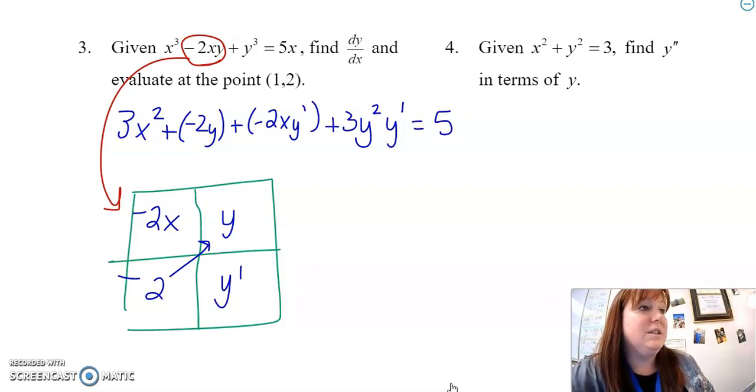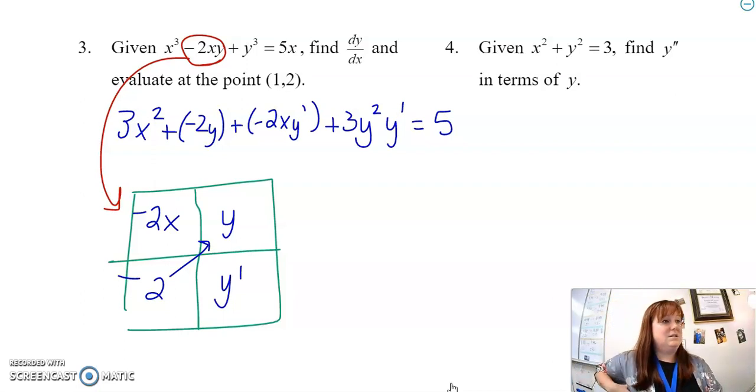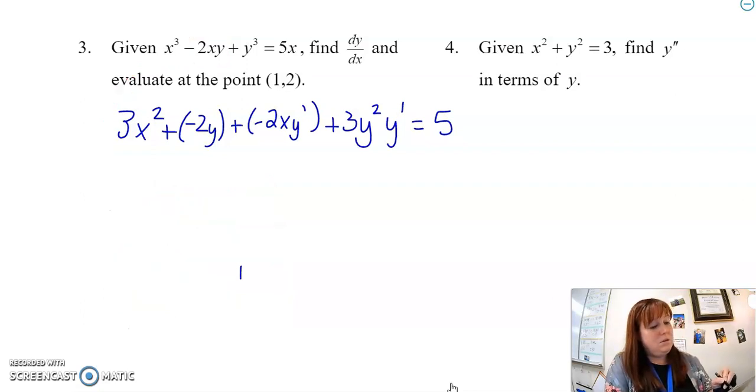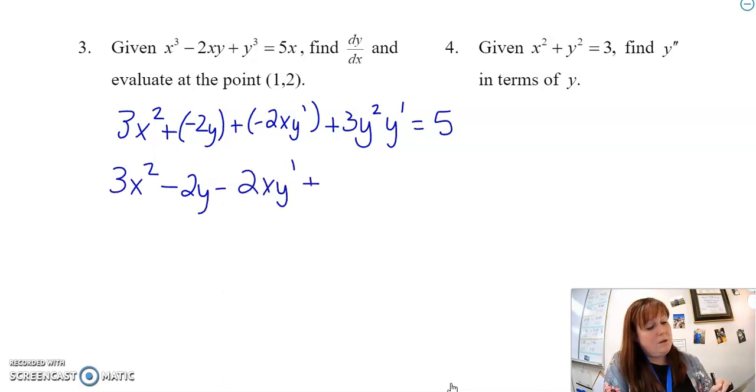All right. Now we got to get that y prime all by itself. So I have 3x squared minus 2y minus 2xy prime plus 3y squared y prime equals 5.